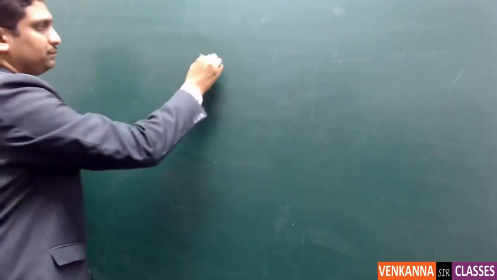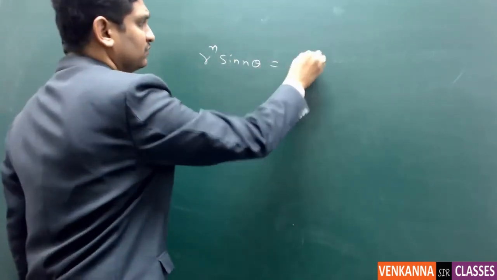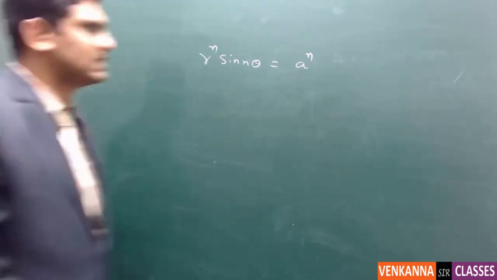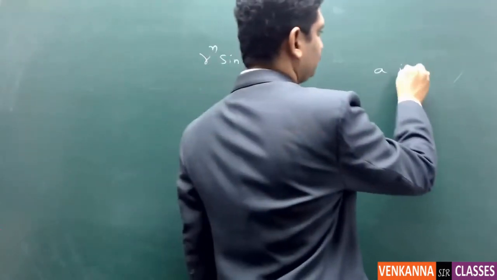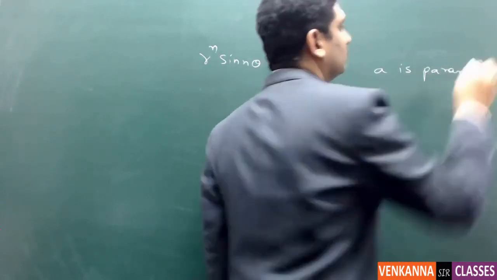So find the orthogonal trajectories of r power n sin n theta equal to a power n, where a is the parameter.